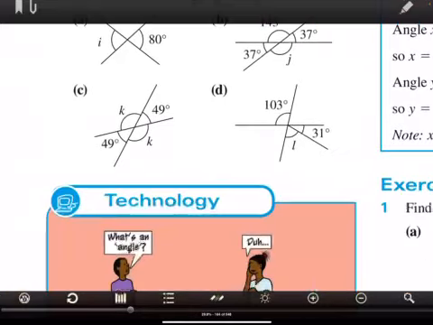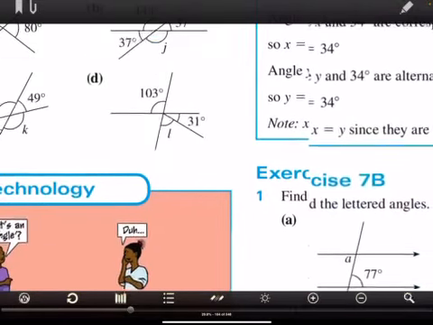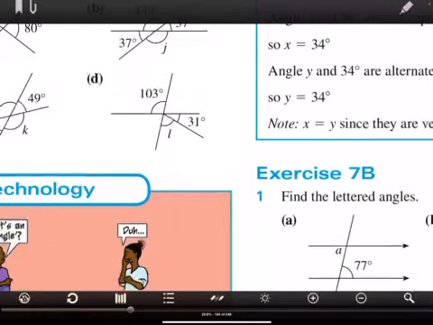C, exact same thing. Opposite angles, you have 360 degrees or you have 180 degrees and you subtract 49. All good. Last one, 103. 180 degrees, that's 180 degrees.